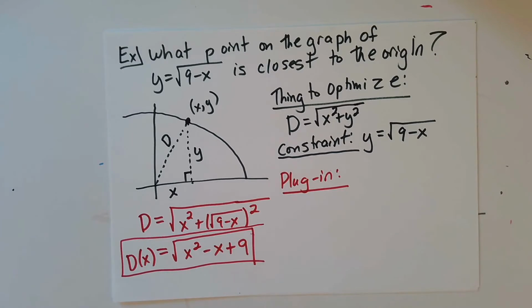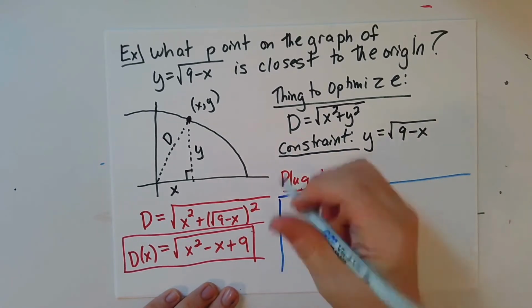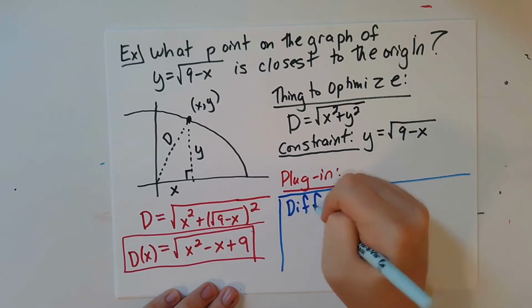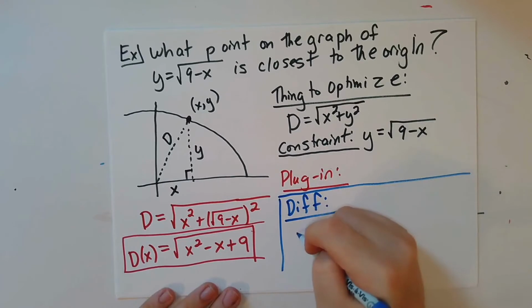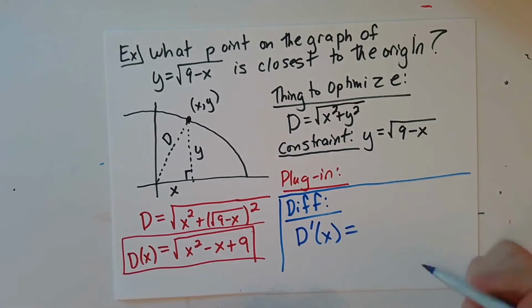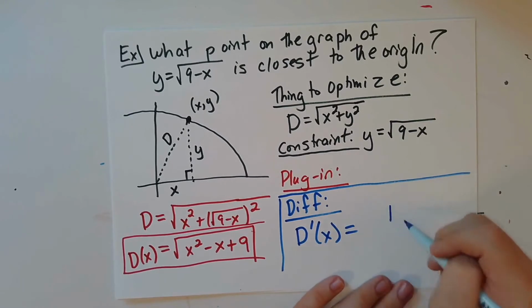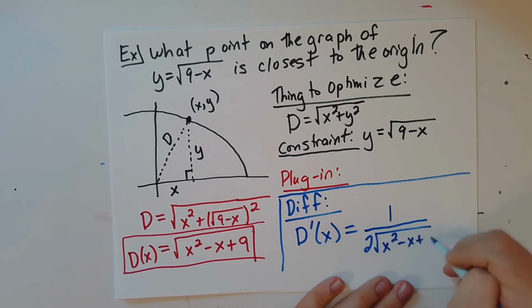After we're done that, we now go ahead to the take the derivative step. And so I need to take the derivative of D, which is going to be D prime of x. Okay, and the derivative of square root, remember, is going to be 1 over twice the square root of the thing. So 1 over twice the square root of x squared minus x plus 9.